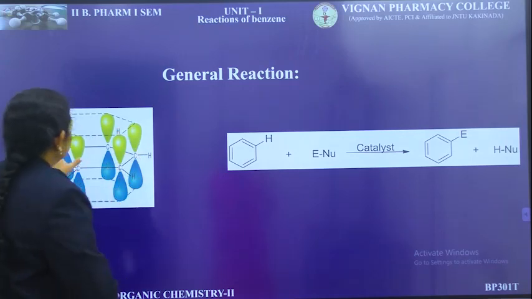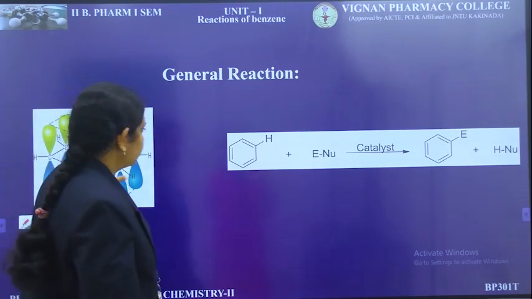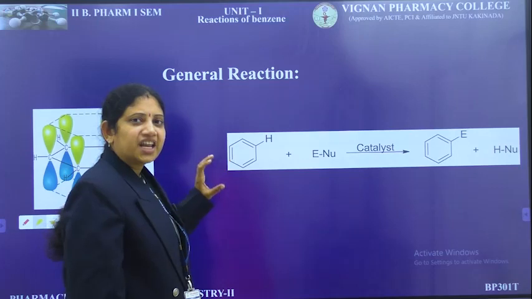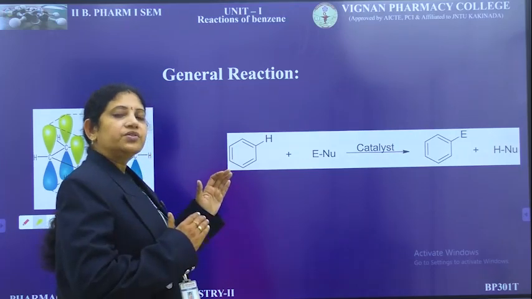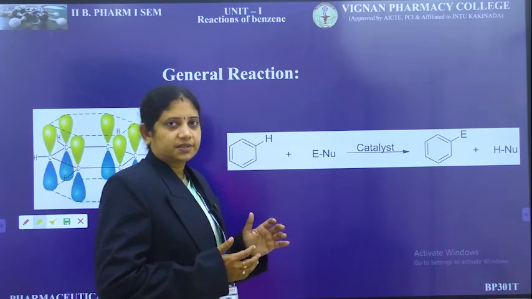These unpaired electrons form a pi moiety this way. Because it is rich in electrons, it can share its electrons with an electron deficient species.